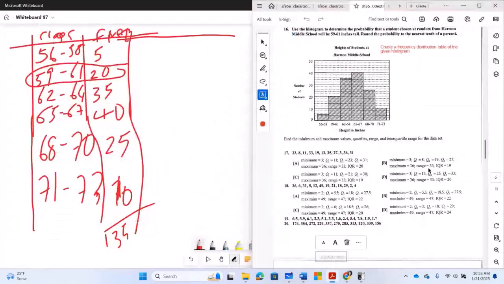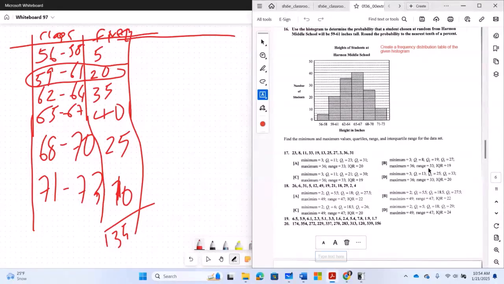Okay, so today, in summary, we talked about grouped data. We were given raw data and grouped it into a frequency distribution table. From there, we calculated the relative frequency, which is the frequency of the class over the total.